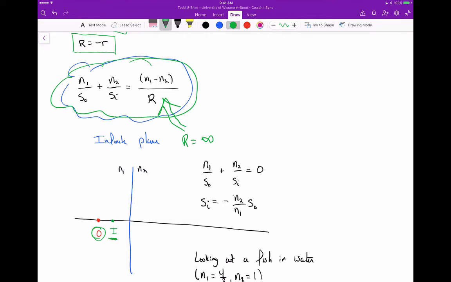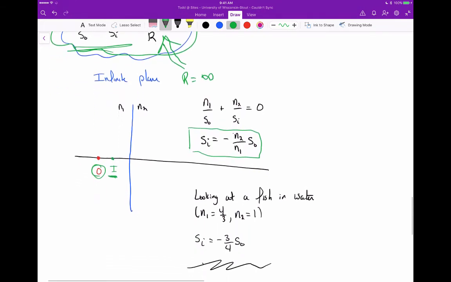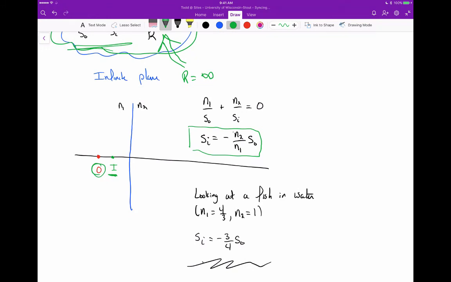Where exactly is the image relative to the object? Well, we can solve this equation up here for the image distance, and this is the result that we get. And so let's go ahead and plug in our numbers for a fish in water, and n1 in that case would be 4/3, and n2 would be 1. And so what we get for an image distance is that it's going to be negative 3/4 S naught.